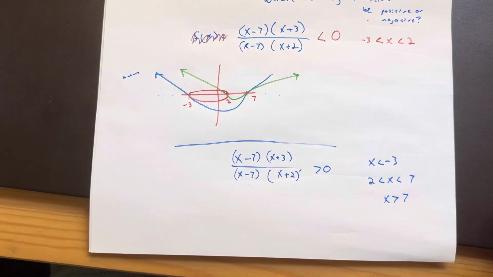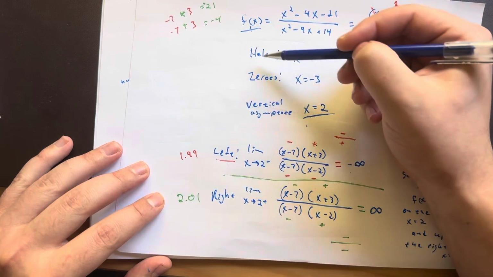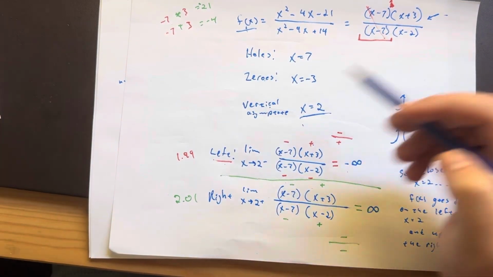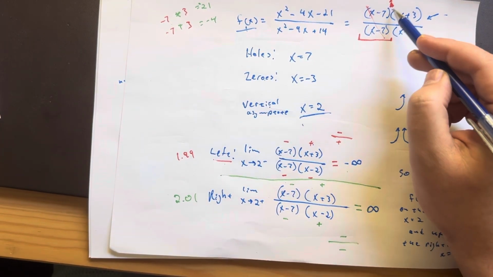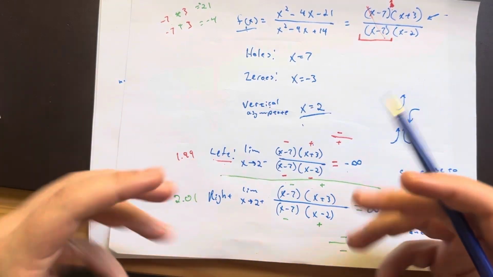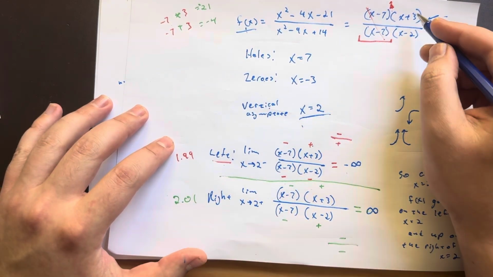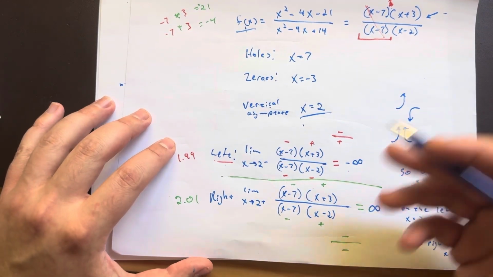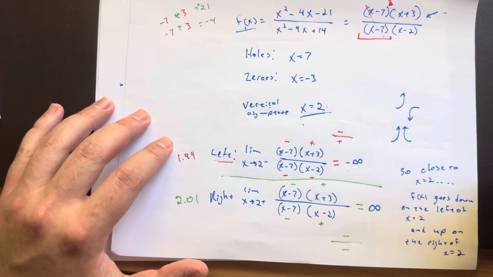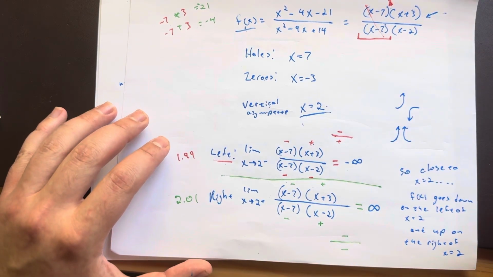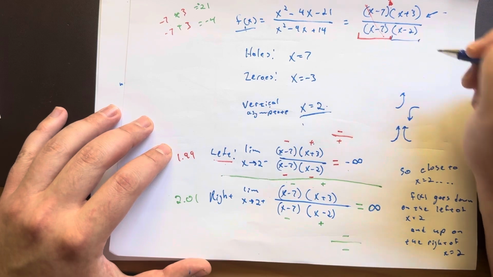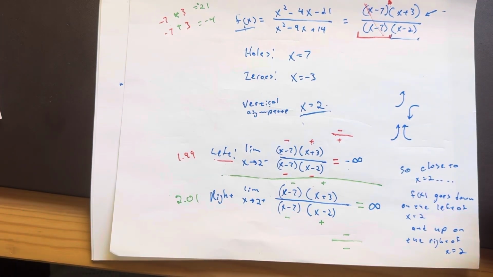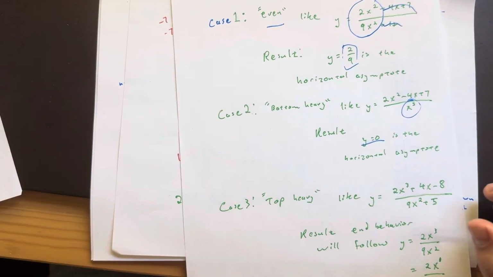We figured out my holes, zeros, and vertical asymptotes. The holes are where we can cancel out, or we're top heavy with a particular root. My zeros are where my numerator is 0, but not my denominator. Vertical asymptotes are when I'm bottom heavy with one of my roots. The end behavior is the one that I really want to touch on.